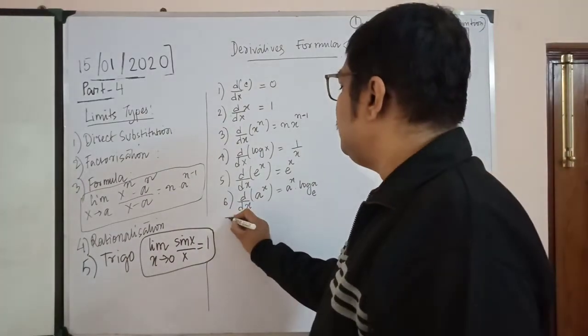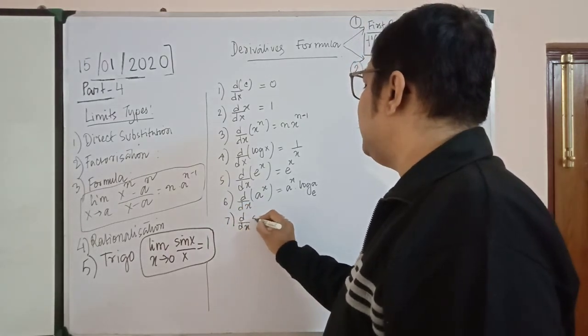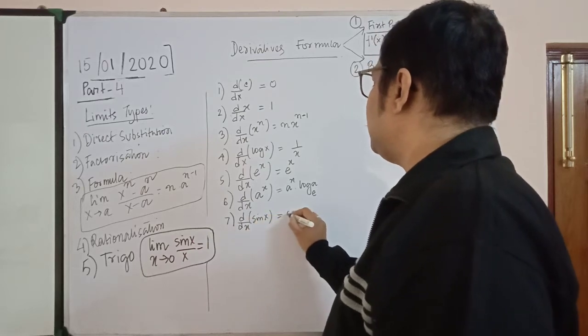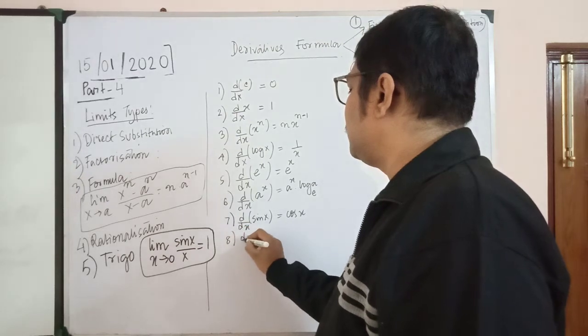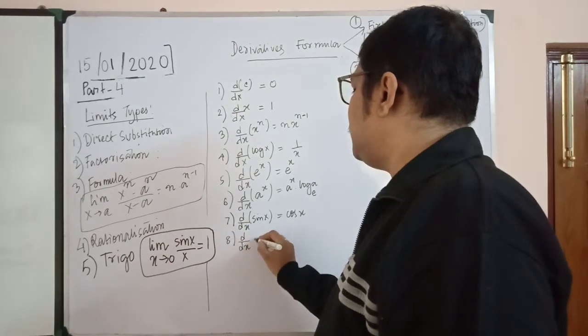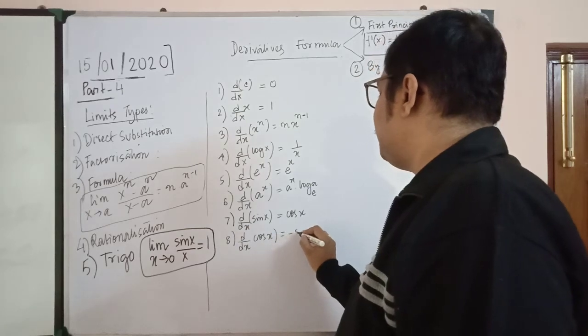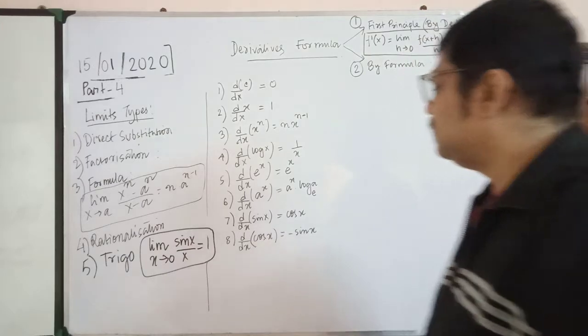Number 7, d/dx of sin x, which is cos x. d/dx of cos x, which is minus sin x.